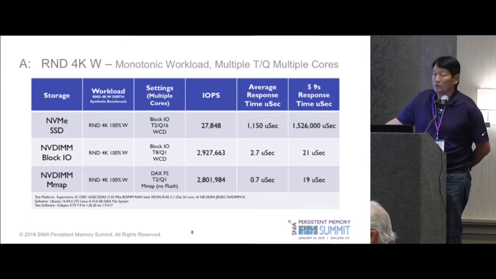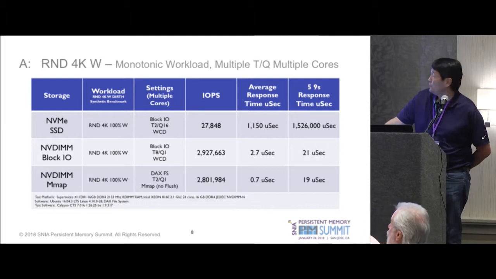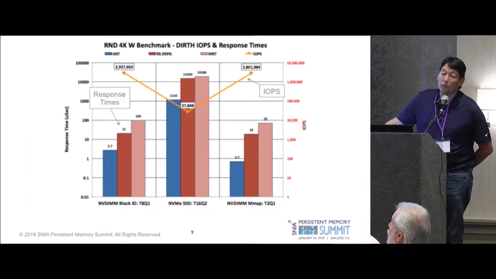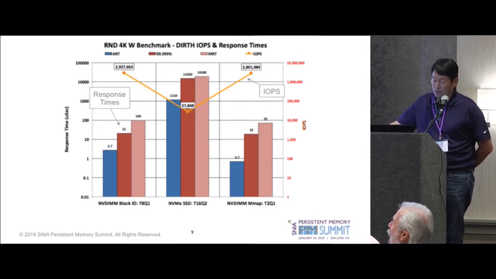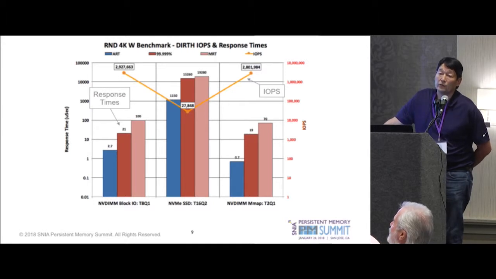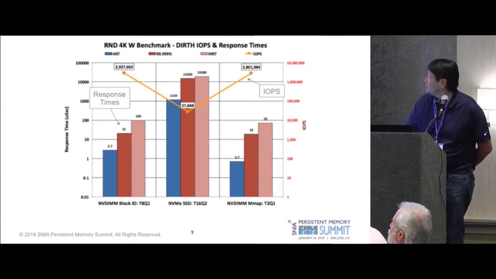Following each of these box tables, there's a plot that shows it. So this is just a graphic visualization of what I went through. On the left side is the NVDIMM block I/O device. You can see 2.9 million IOPS in the white box on the top, and 2.7 and 21 for the average and 5 nines response time. On the right-hand side is the NVDIMM memmap. And over here you see 2.8 million IOPS at the top in the white box.